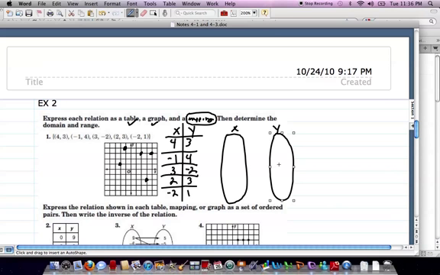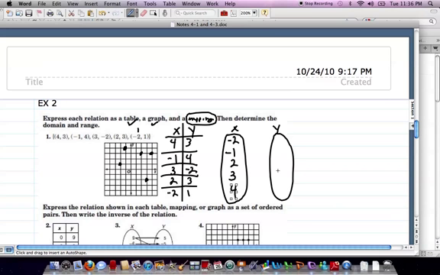Now, in the same way that we found our domain and range earlier, I always start with my x values, but I start from least to greatest. So negative 2 is my lowest. My next lowest would be negative 1. My next lowest would be 2, then 3, then 4.